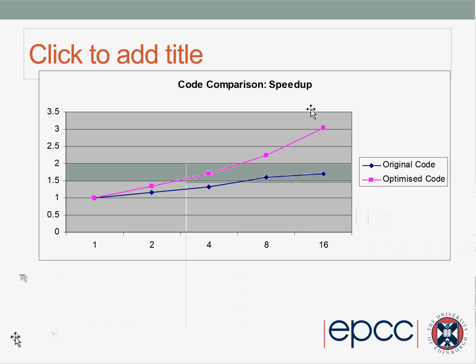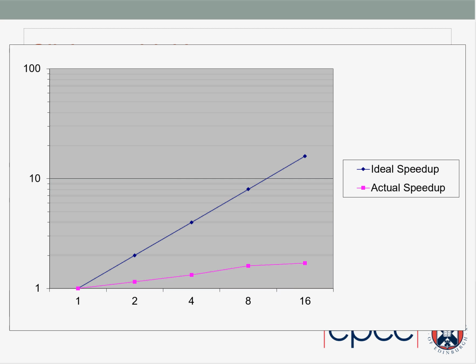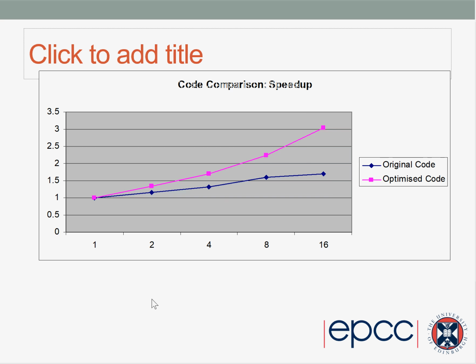You know, it's nowhere near perfect. At 16 processors, it's only 3 times faster than at 1 processor, so that would be nowhere near linear speed up. Nowhere near one of these lines here where you can see at 16 processors it's 16 times faster, but it's still, you know, twice as fast as my original code.